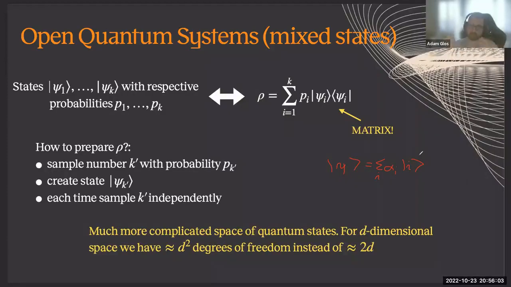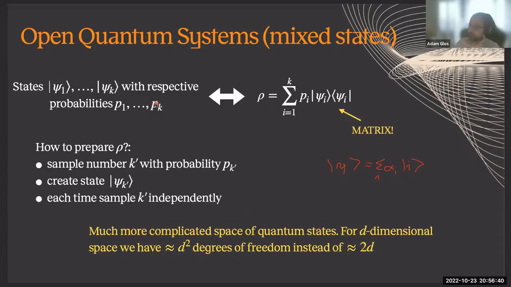However, we could think of something like this. Suppose we have a few machines which map ket 0 state into some state ψ1 to ψk. We have K machines. We choose an appropriate machine with probability p1 to pk. So what I mean here is that we don't really have a quantum state as a vector, but we have some probability distribution over these quantum states.